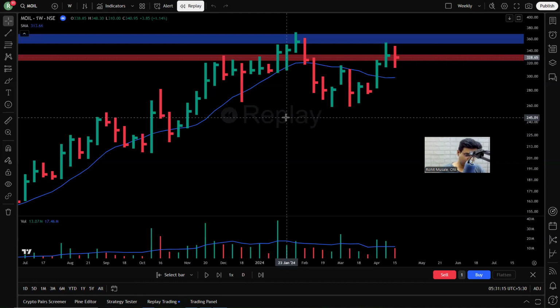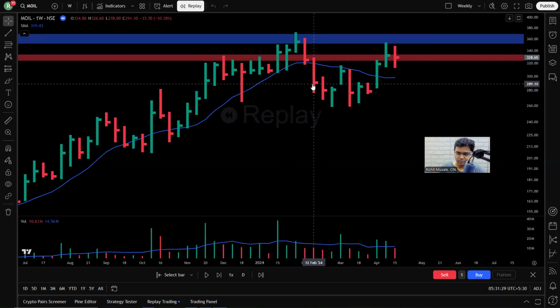That is one thing. Second thing, you remember I had discussed about four types of closing: up closing, down closing, strong closing, weak closing. Okay. So the color of this bar has got to do with up and down closing. So red color means the week has closed below the previous week closing.